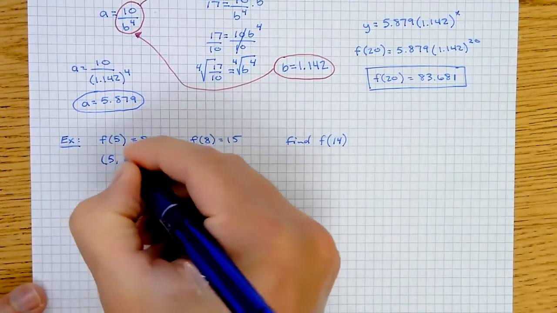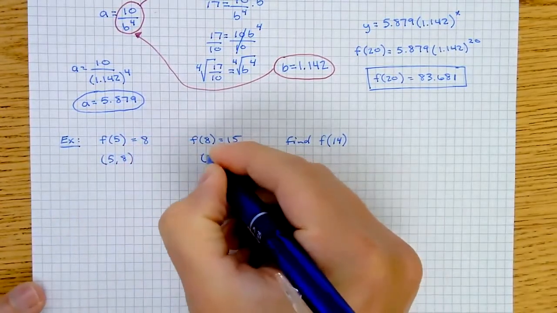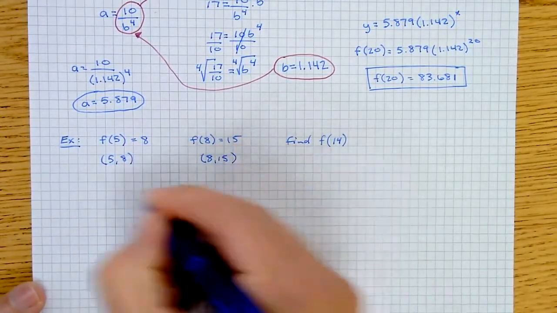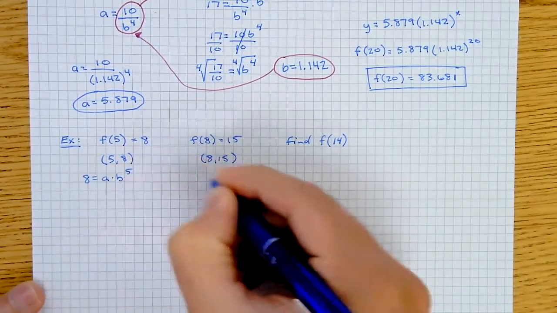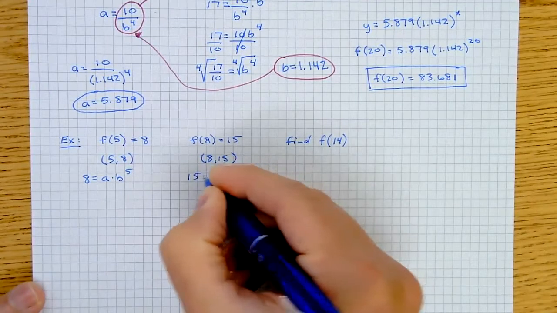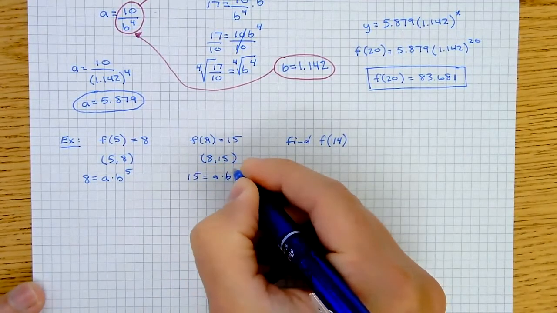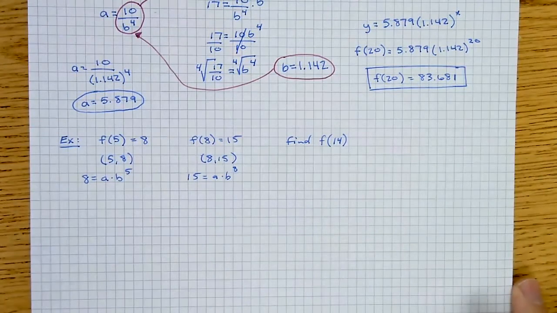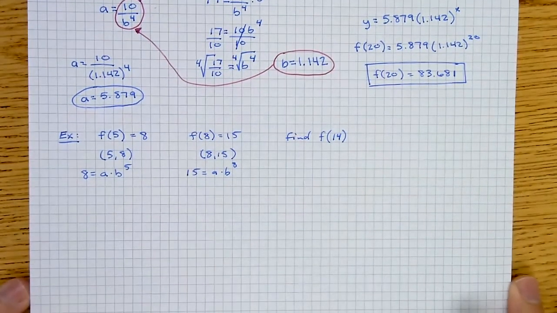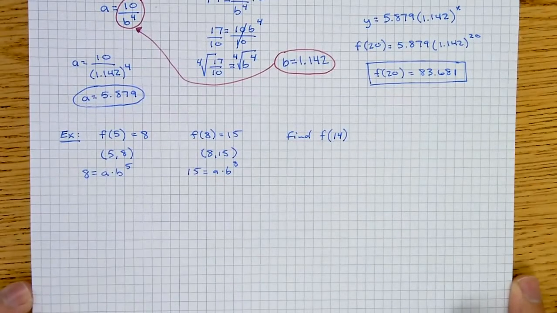So again, we have (5, 8) and (8, 15) as our points. And then our two equations off of that. 8 equals a times b to the 5th. 15 equals a times b to the 8th.